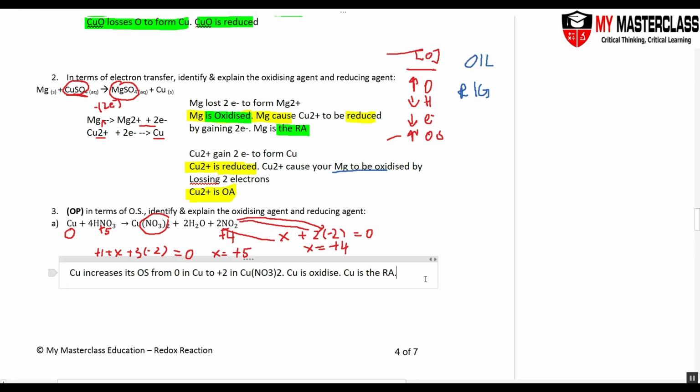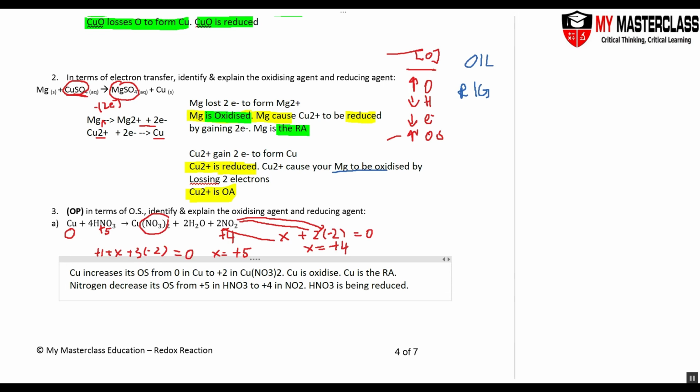So how do we explain this? First, state the element. So nitrogen decreases its oxidation state from plus 5 in HNO3, your starting material, to plus 4 in NO2, your product side. So what is being reduced is the HNO3.